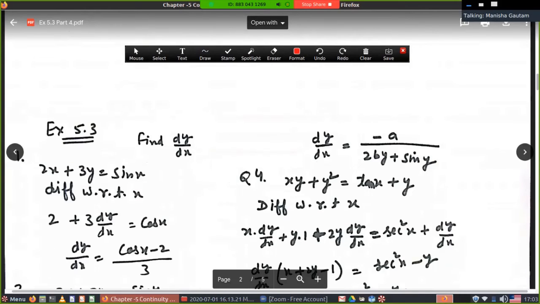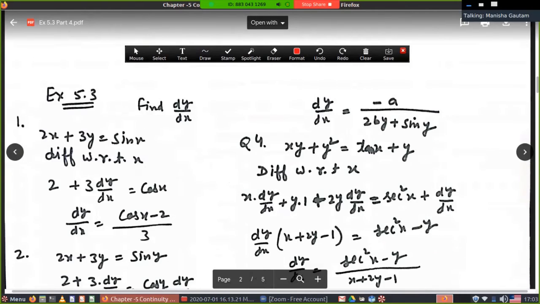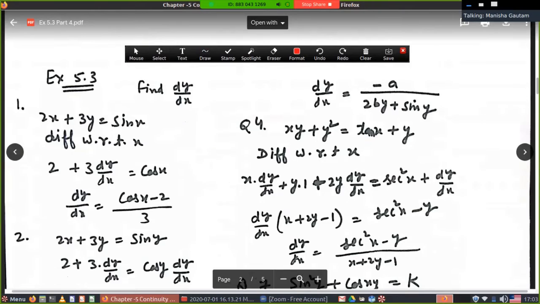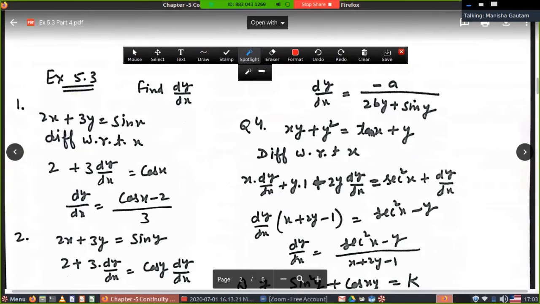Now we'll discuss exercise 5.3 here. Suppose the first question is given to you, 2x plus 3y is equal to sine x. When you differentiate the function with respect to x, wherever y is given to you, you have to write dy/dx.